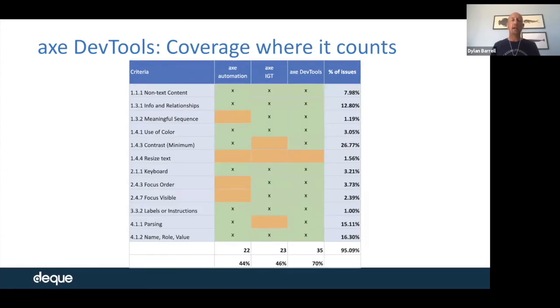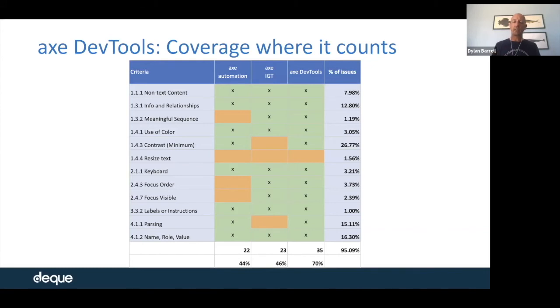When you look at the combination of that full automation and the intelligent guided tests, and you look at those 12 success criteria, which are the origination of 95% of the issues, there's only one success criteria which currently doesn't have any coverage. So we're covering 11 of the top 12 success criteria through either the full automation or the intelligent guided testing.